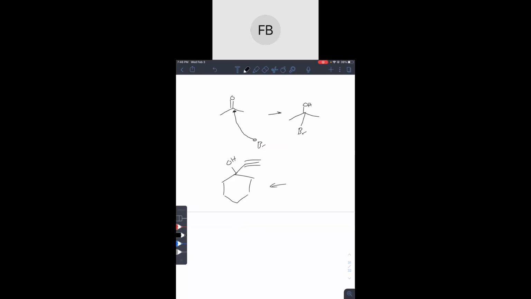So if you think this might have come from a ketone like this, and it got attacked by this portion right here, a triple bonded carbon came along, attacked this and bonded to it, and therefore broke the octet and broke one of the bonds from the O to the carbon. Does that make sense?